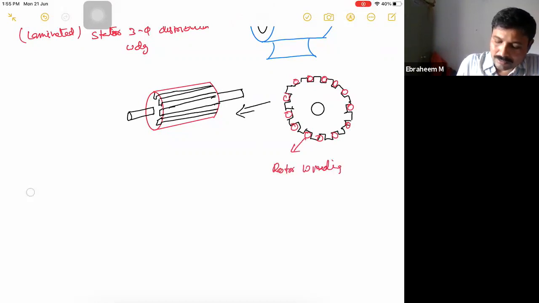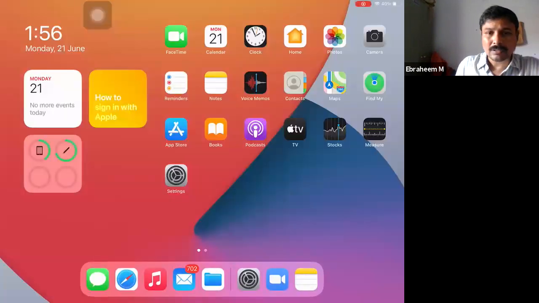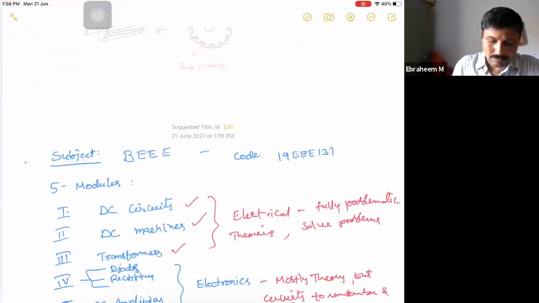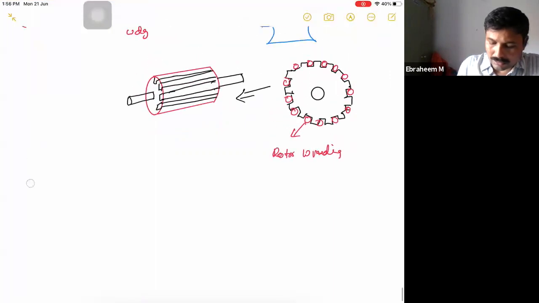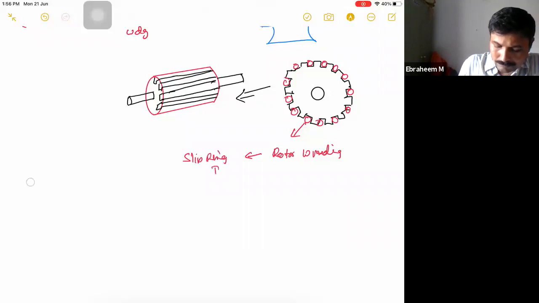This is the rotor winding for the slip ring induction motor. And that will be copper bars. This is for the squirrel cage.